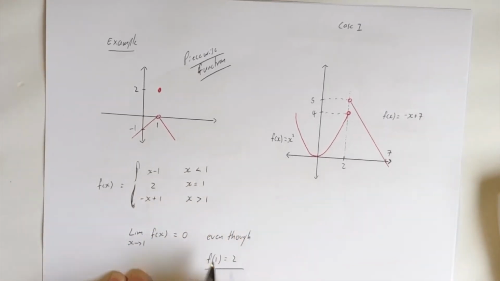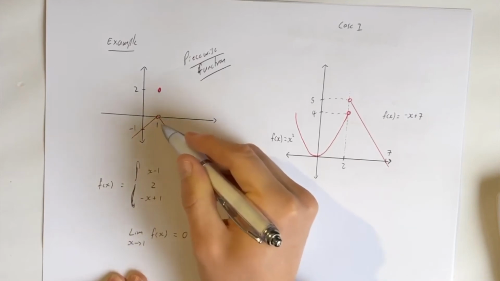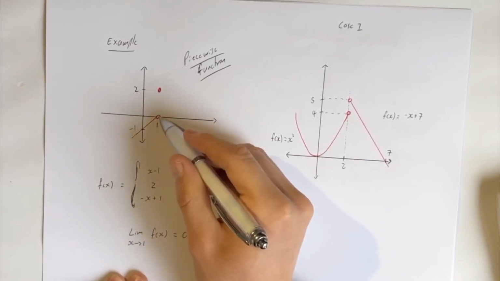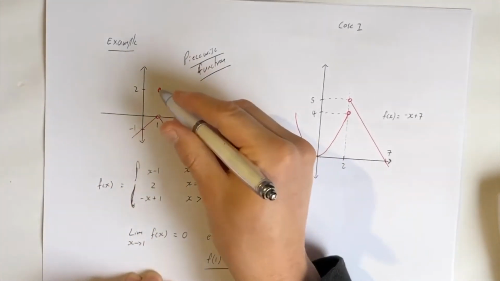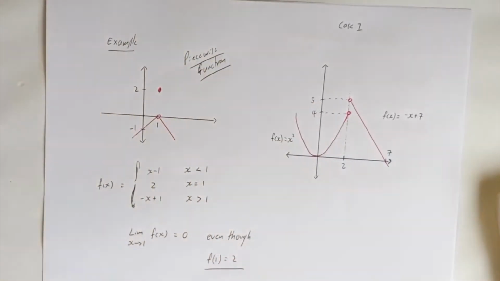The value when x is 1 is 2, but the limit is 0. That's where you would be getting to. If you're a really small person on that line, you would think you were going to end up at 0, but the function has actually got that removed, and it's been moved up there.